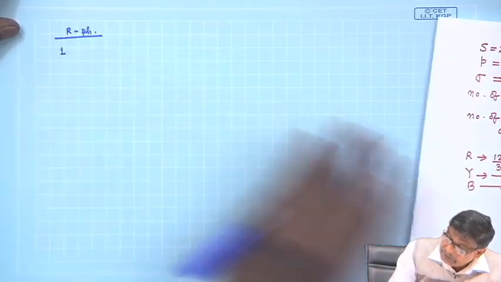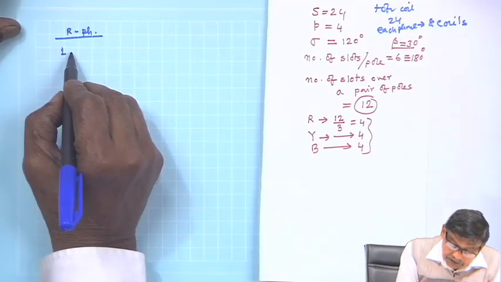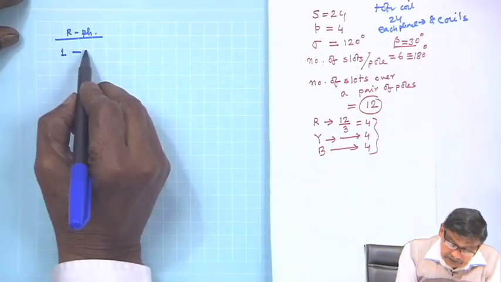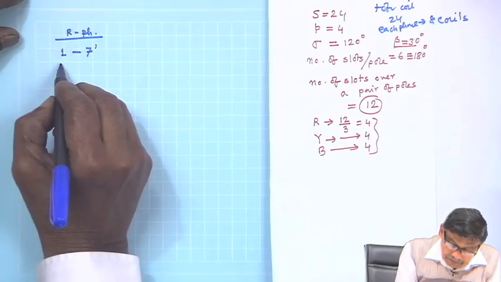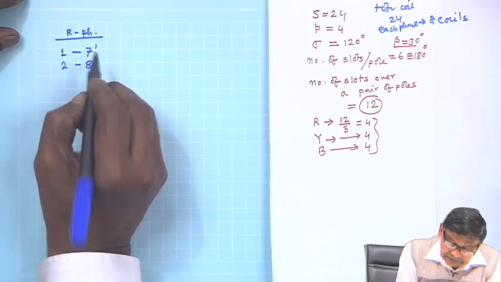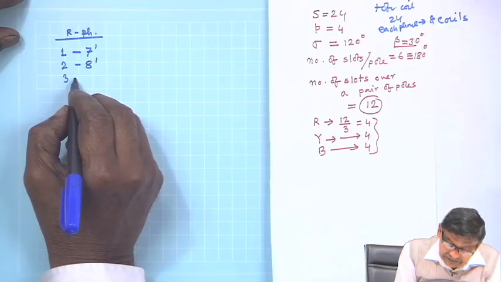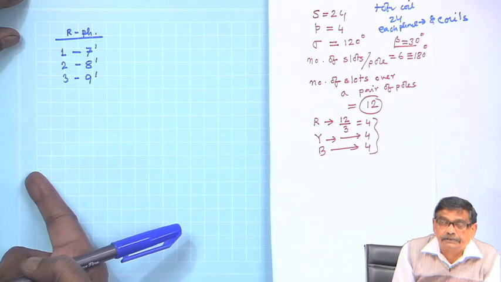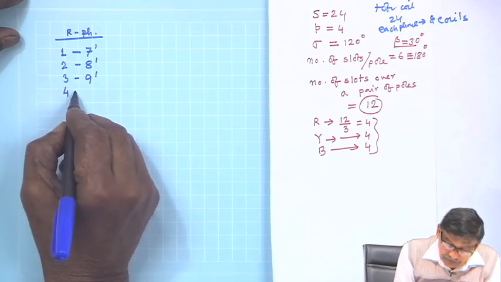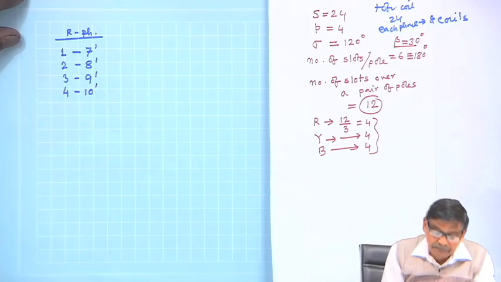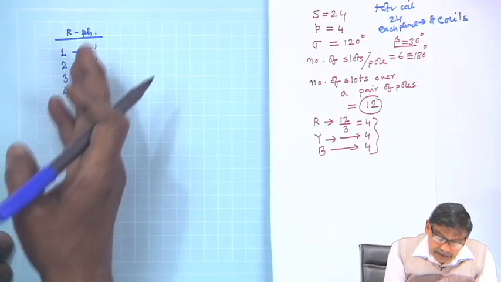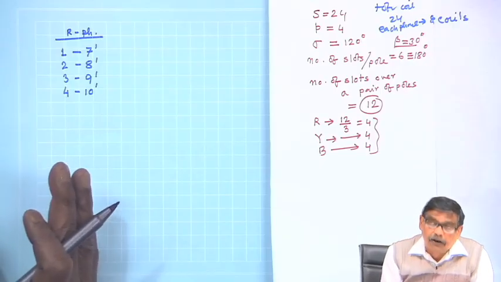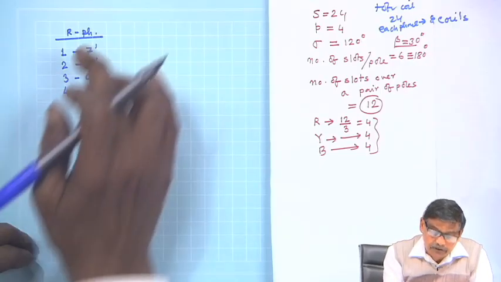So, 1, 2, and the coil span is 6, therefore it will be 1 7 dashed, 2 8 dashed, 3 9 dashed. I do not stop here, I will give 4 in succession, 4 10 dashed. And when I have done this, I have made the distribution of the group 1 coils belonging to R phase.